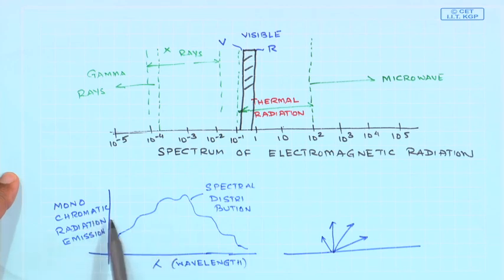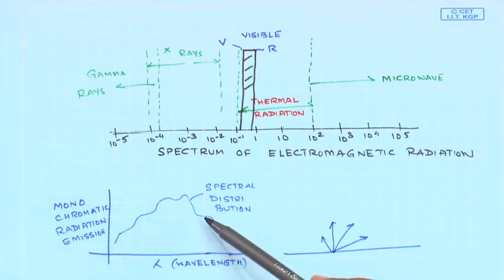By monochromatic, I mean single wavelength components, and the magnitude of the radiation at any wavelength and the spectral distribution vary with the nature and temperature of the surface. So, what you are getting out of the object would depend on the temperature of the object and the properties of the object.